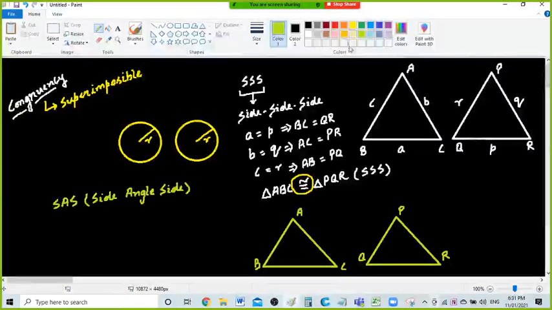Now remember one thing that's very important, most of the students get confused on this point: the angle that you are going to consider over here should be the included angle. Remember this word, included angle, and I'll explain it to you about that. This is the included angle.